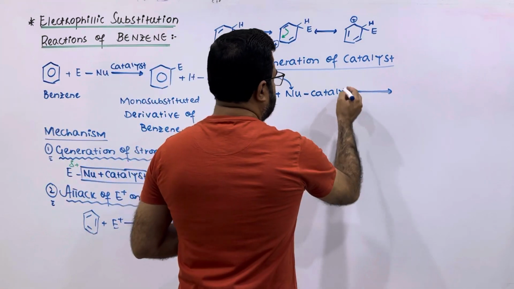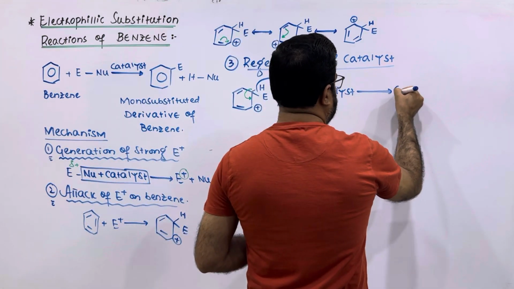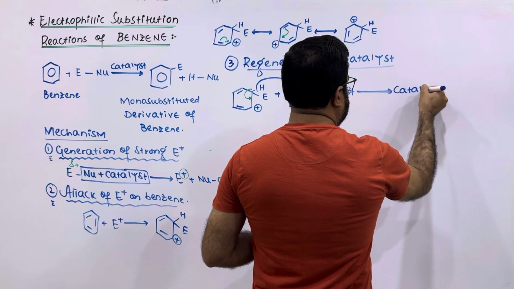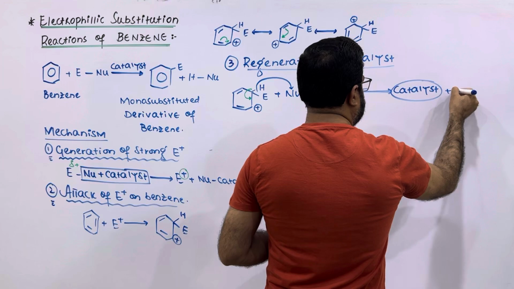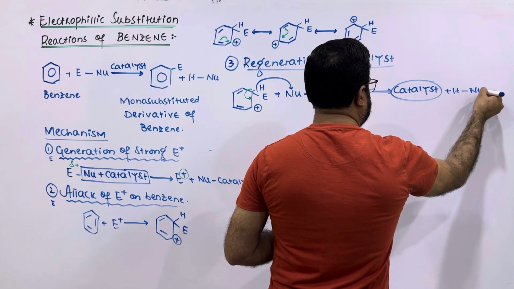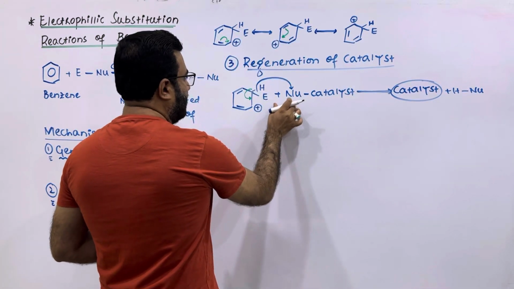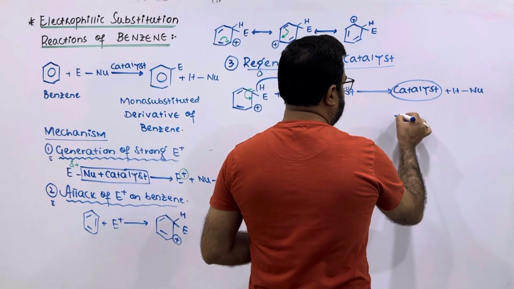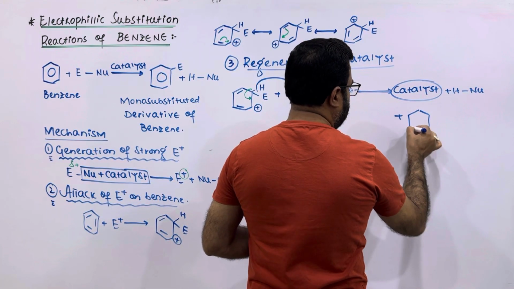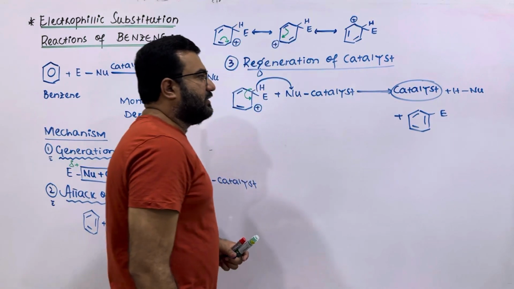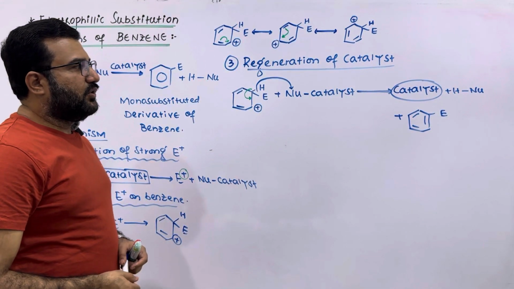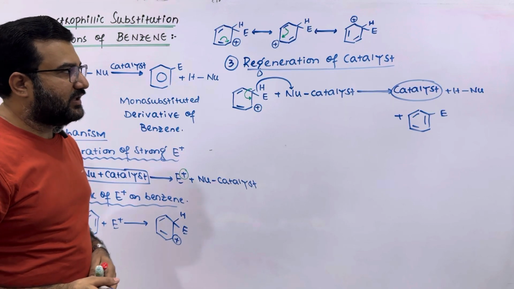In this way, this catalyst moves out unchanged. The hydrogen goes with nucleophile, and now again this product will be obtained, that is the mono-substituted derivative of the benzene.